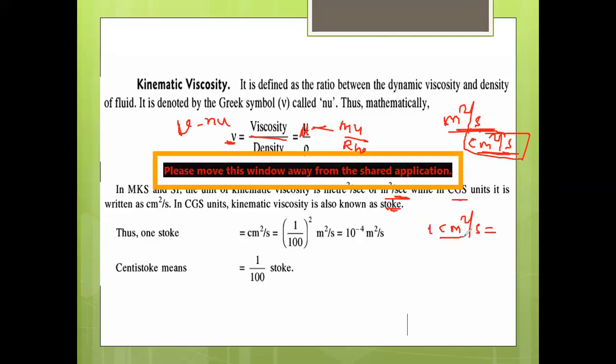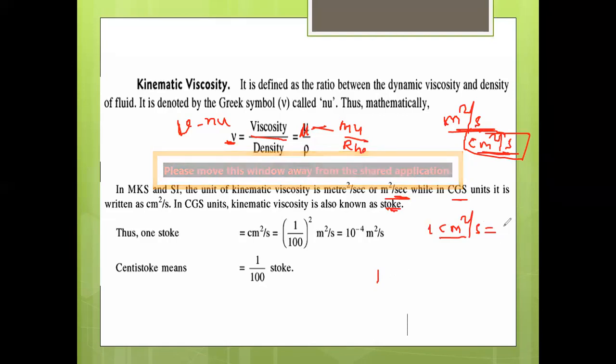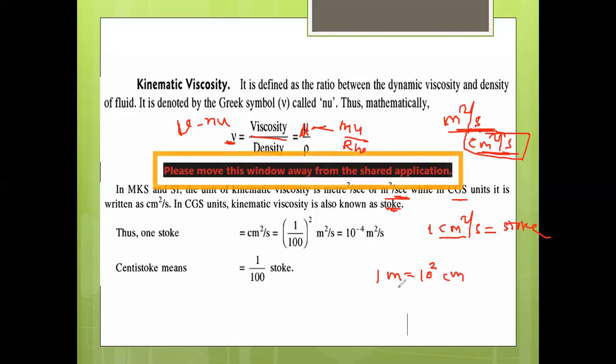Now, if I want to convert this centimeter square into meter square, how can I convert that? 1 centimeter square per second is equal to Stoke. 1 meter is equal to 10 to the power 2 centimeter, right? 100 centimeters are 1 meter.